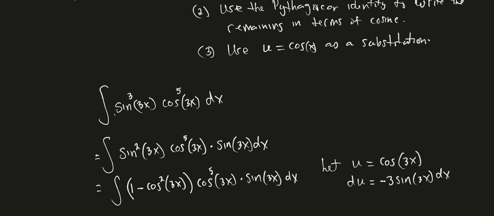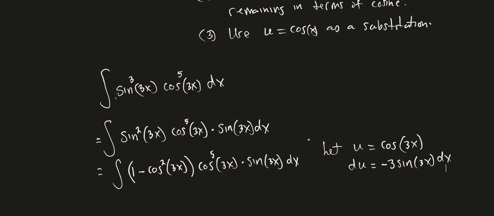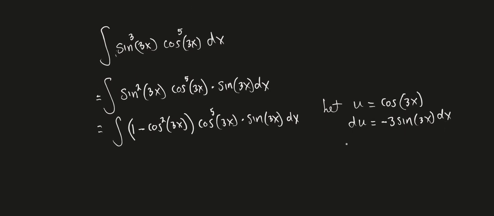Now in my integrand, I don't have this negative 3, so we're going to have to divide both sides by negative 3. So it looks like this: negative 1/3 du is equal to the sine of 3x dx. So let's see what gets replaced now. All of this gets replaced with negative 1/3 du.